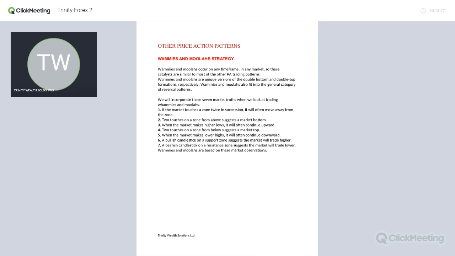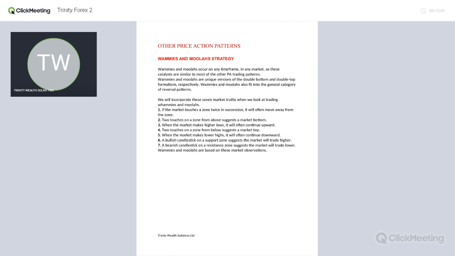A double bottom is where the market touches support twice. It forms a W shape. So it touches the support twice, and then it's a signal the market is going to reverse. That's one of the characteristics: if the market touches a zone twice in succession, it will often move away from the zone.